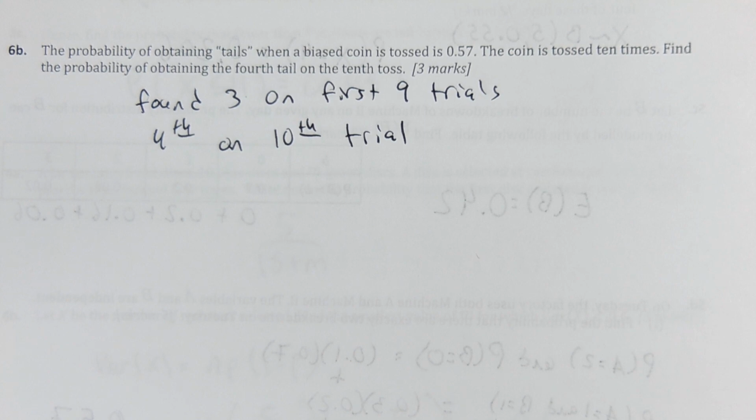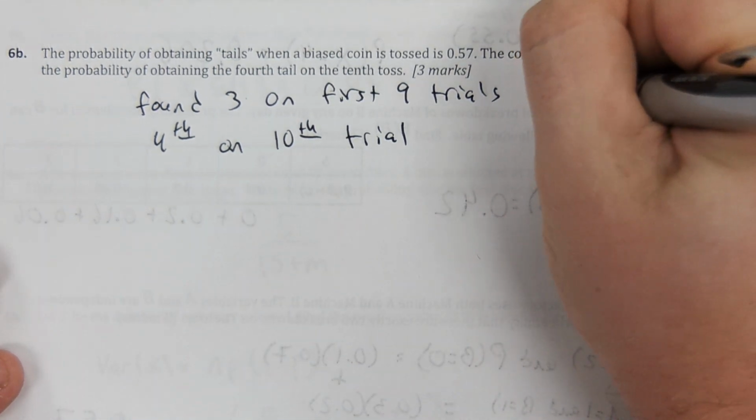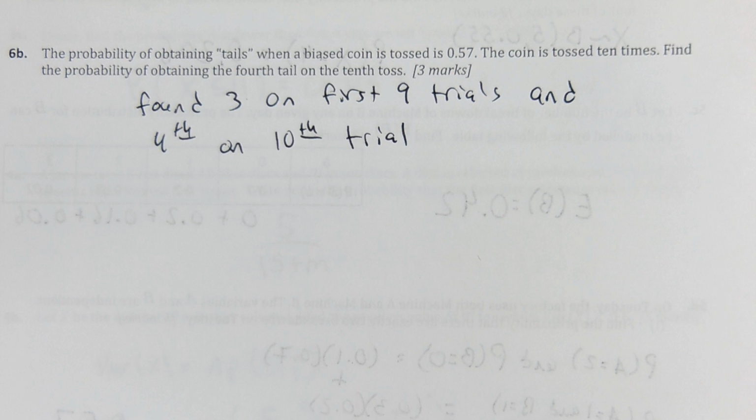Realize that this is an and statement. So we know we found 3 tails in our first 9 trials, and we got a tail, the 4th one, on that 10th trial. So how do we show that there were exactly 3 found in the first 9?